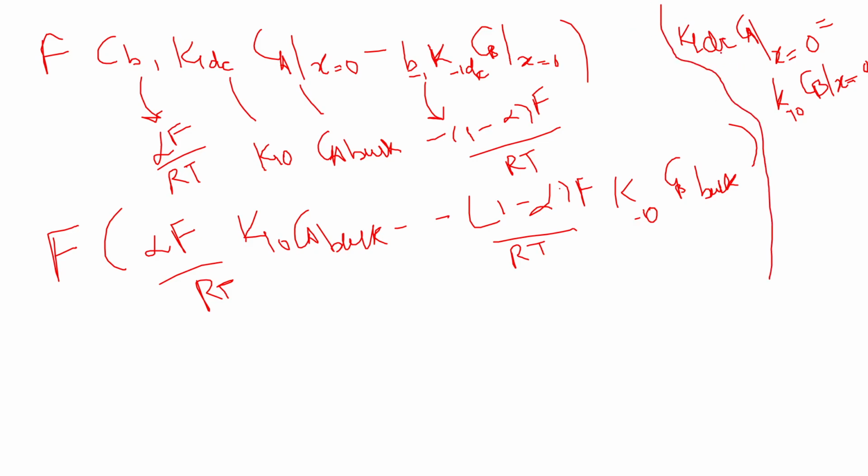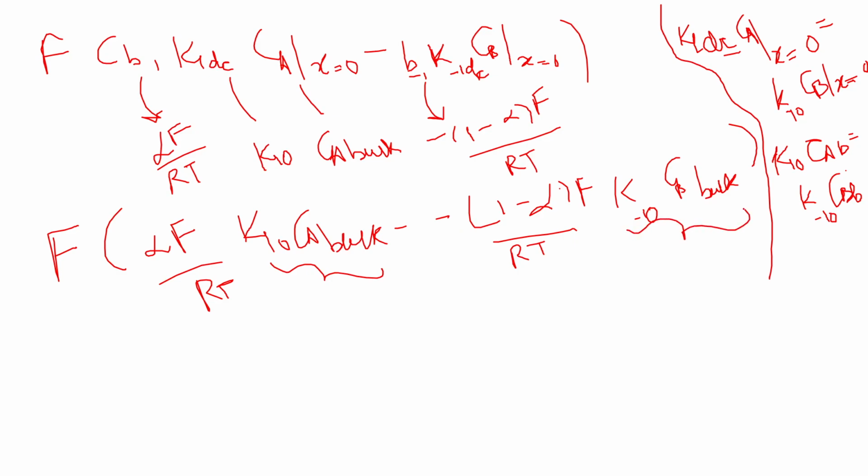Now if I solve, as I told, it's at EDC equal to 0. So this k1 naught CA bulk equal to k minus 1 naught CB bulk.